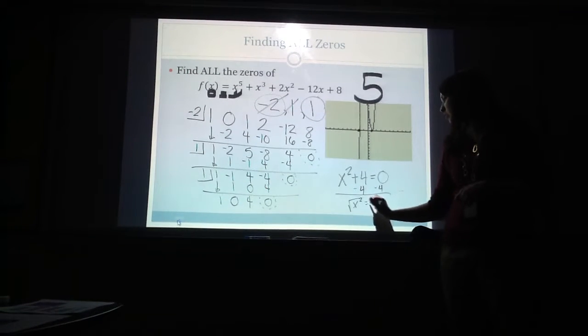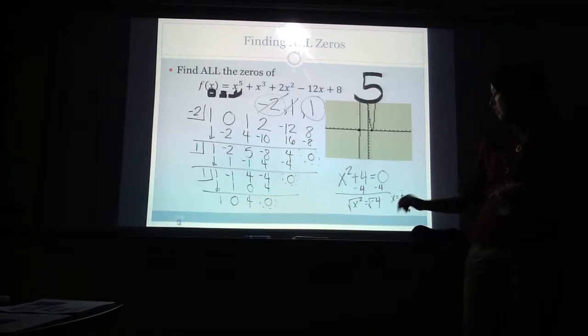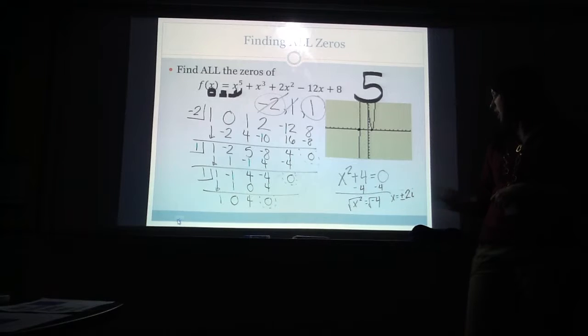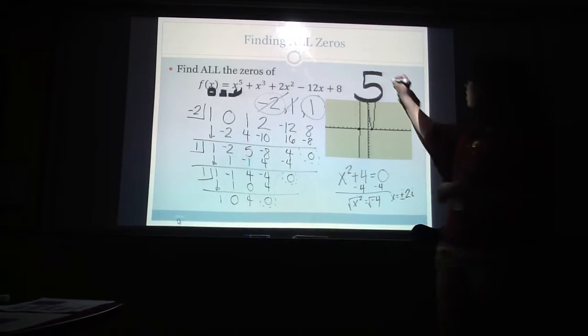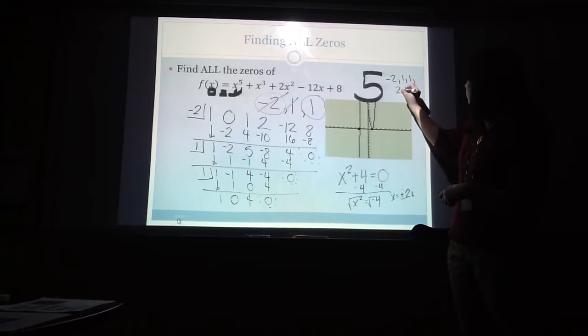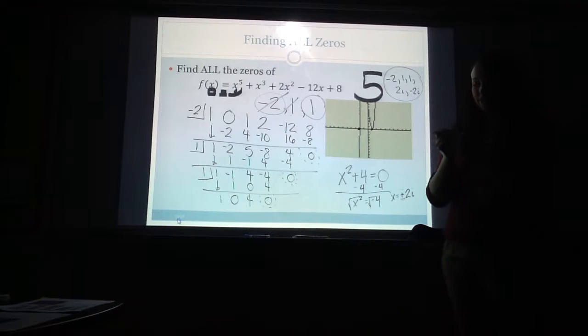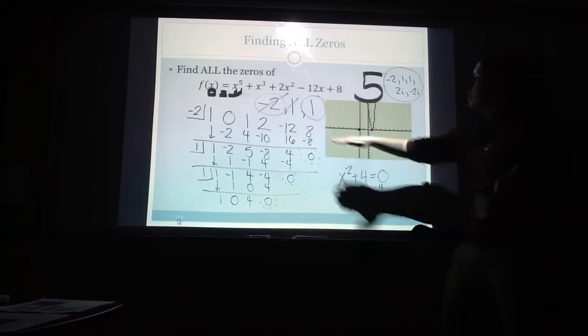And then take the square root. And we get x equals plus or minus square root of -4, which is 2i. So our zeros are -2, 1, 1, positive 2i, and -2i. There's our 5 zeros.